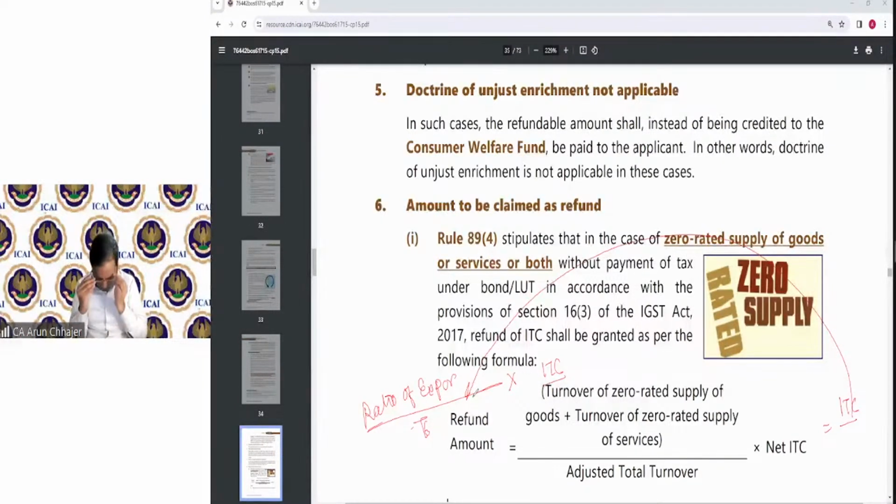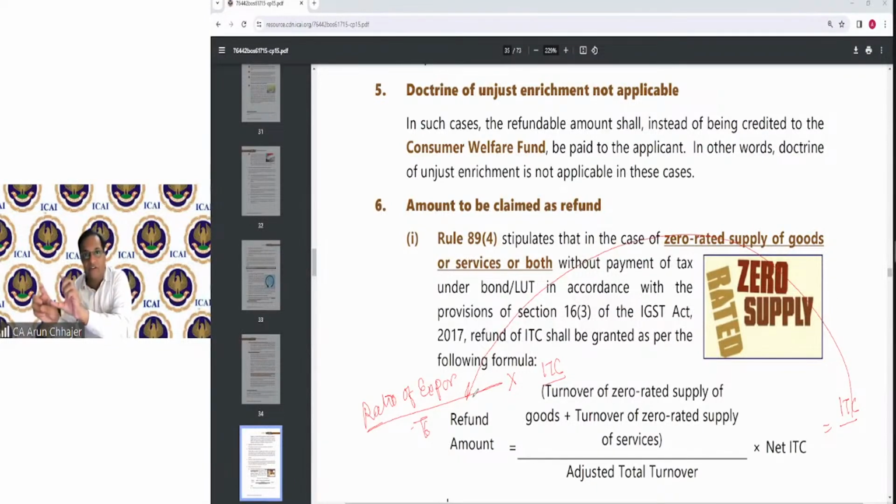Inverted duty mein, they are saying that you have the total ITC. Now this ITC, because you are making the sale of zero rated supply and you are making the sale of other items, they are saying, what is the ratio? In that ratio, please apportion this ITC. So if I apportion this ITC in the zero rated case, then what happens?